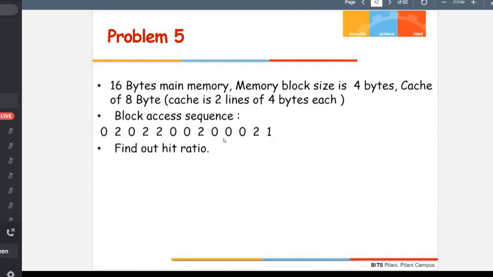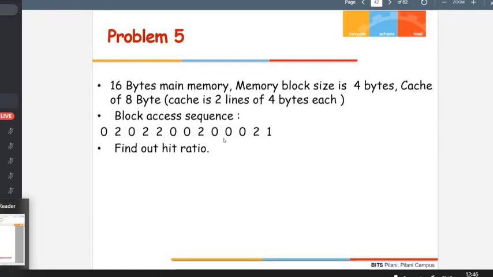They say it has 16 bytes of main memory. Okay, 16 bytes main memory.